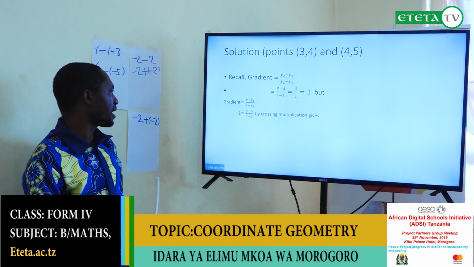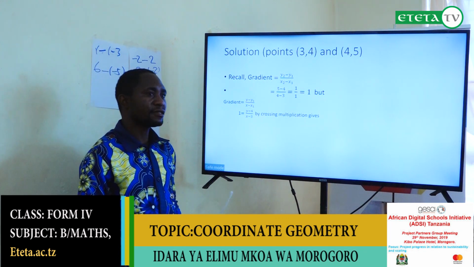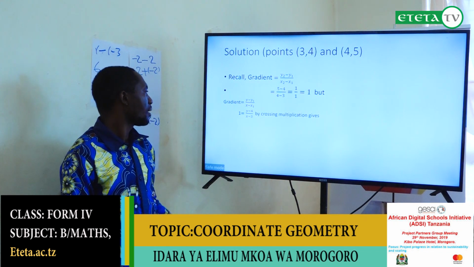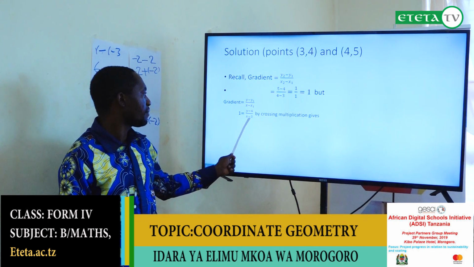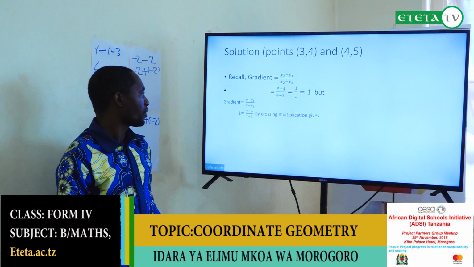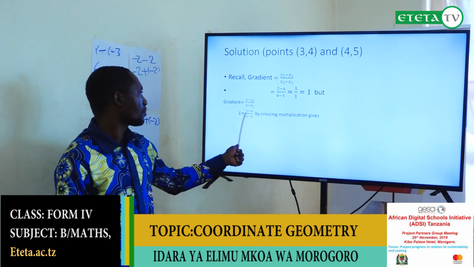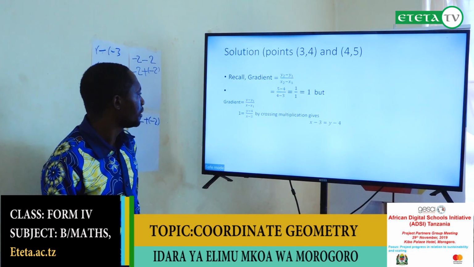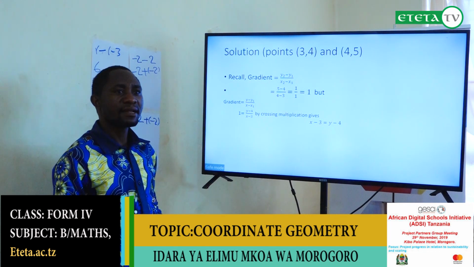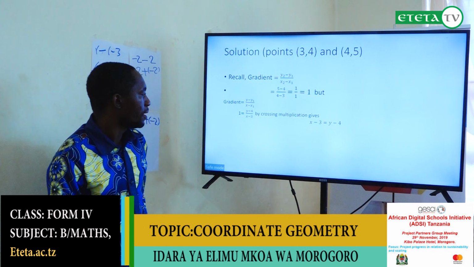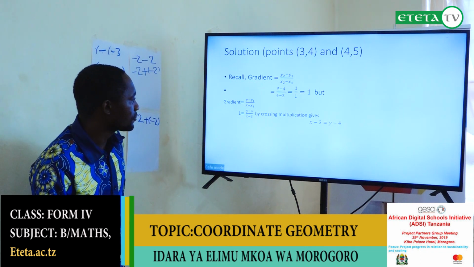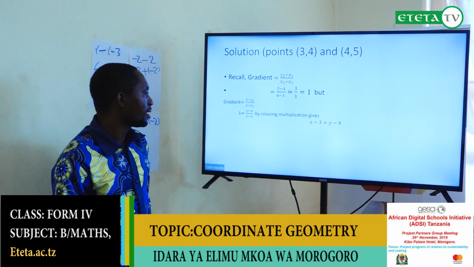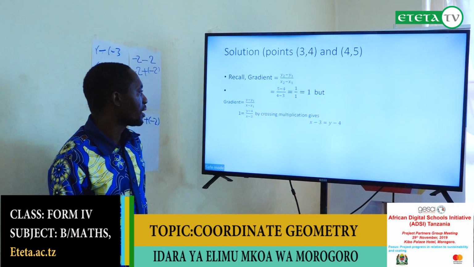Now, upon cross multiplication, 1 times x minus 3, we get x minus 3 equals y minus 4. Now, try to put the like terms together.